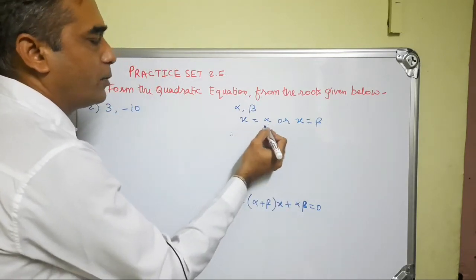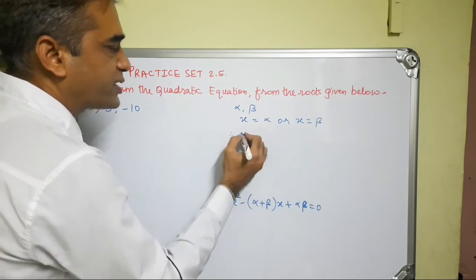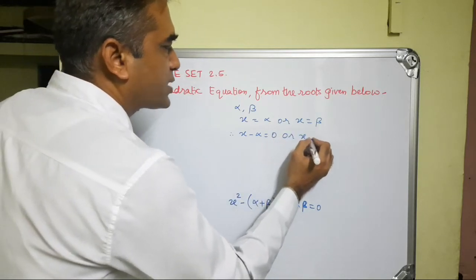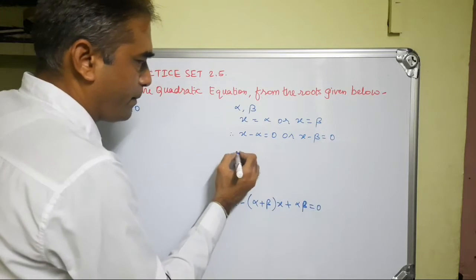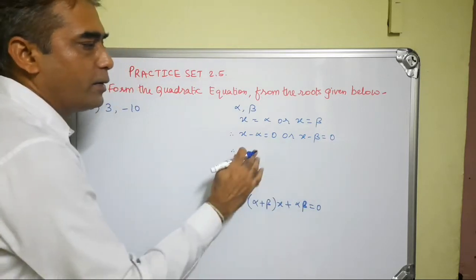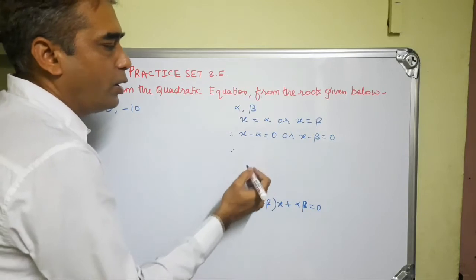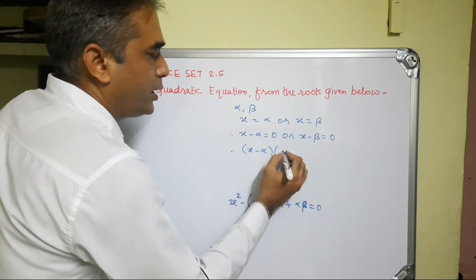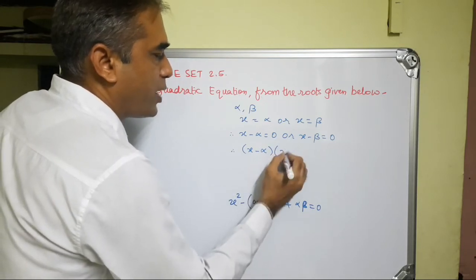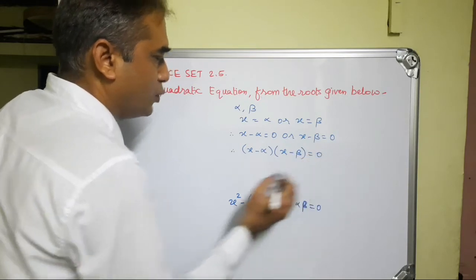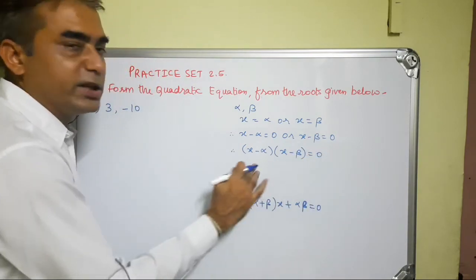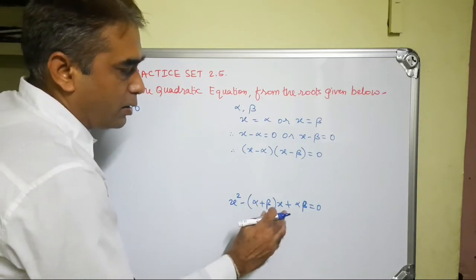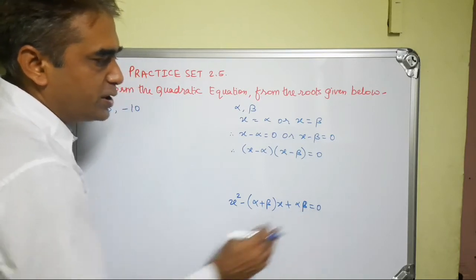Therefore, shifting these roots to the left side, x minus alpha equals 0 or x minus beta equals 0, and if both are zero or one of them is 0, then we can write (x minus alpha) into (x minus beta) equals 0, and the product of these two brackets is x square minus (alpha plus beta) into x plus alpha beta equals 0.